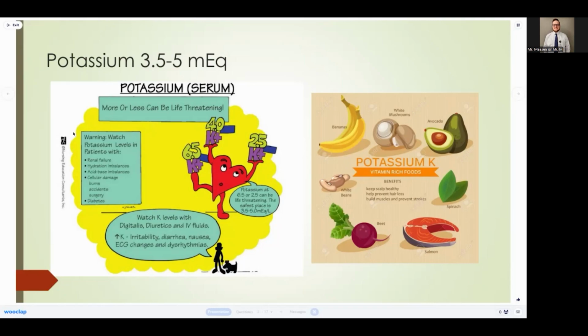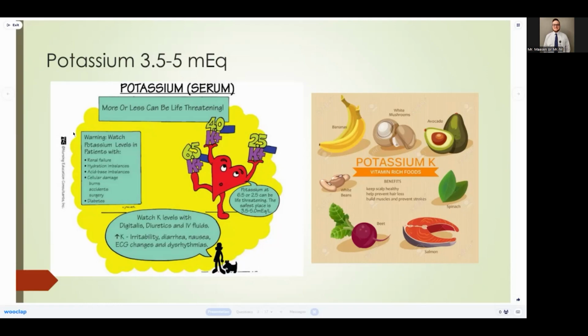Potassium levels can get out of whack, especially with renal failure patients, who tend to have high potassium levels, acid-base imbalances, or sometimes cellular damage. Burns, surgery, accidents, and physical tissue damage can have a big effect on potassium levels.